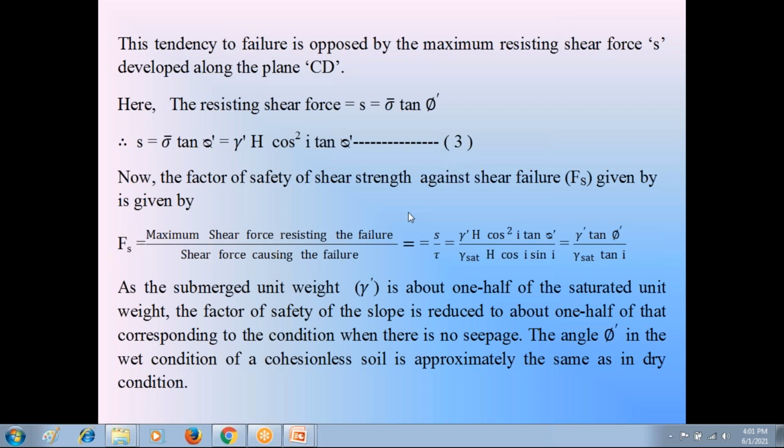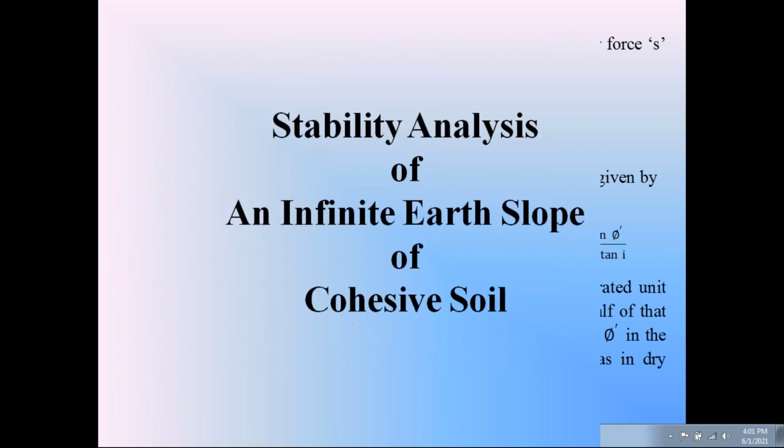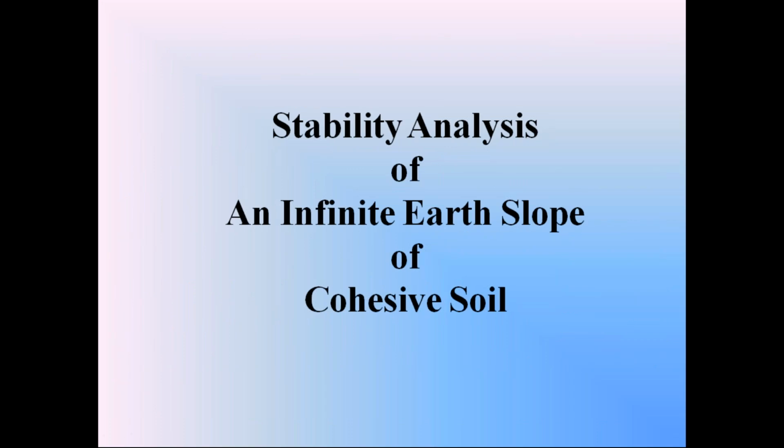Then we are going to discuss in this unit 2 the next concept, stability analysis of an infinite cohesive side slope. We just completed the cohesionless infinite side slope. Next we are going to discuss the infinite cohesive side slope.